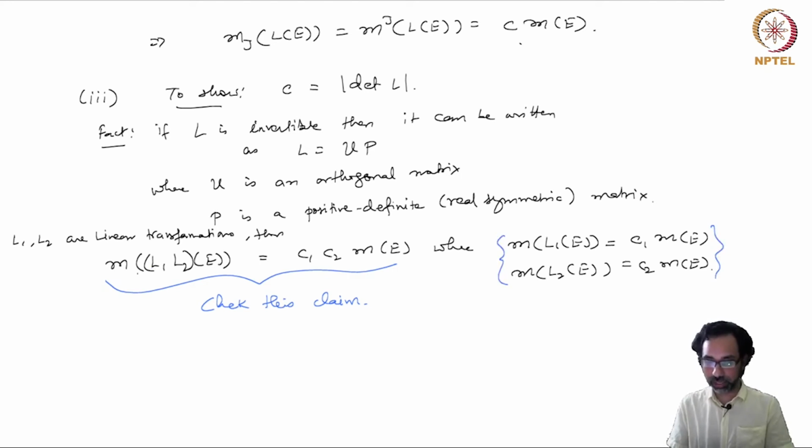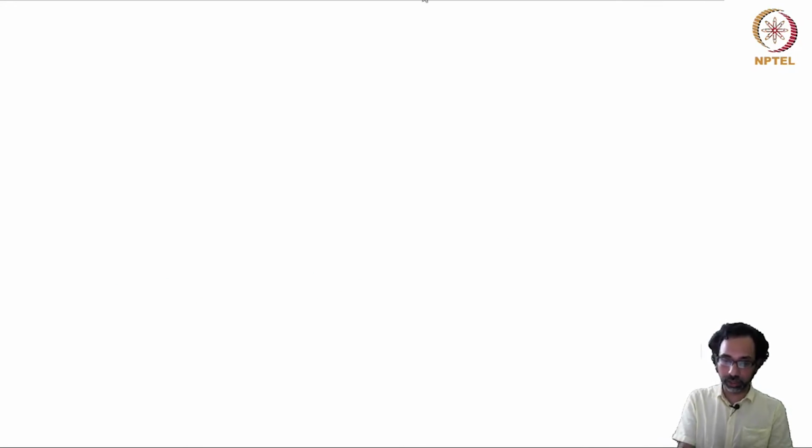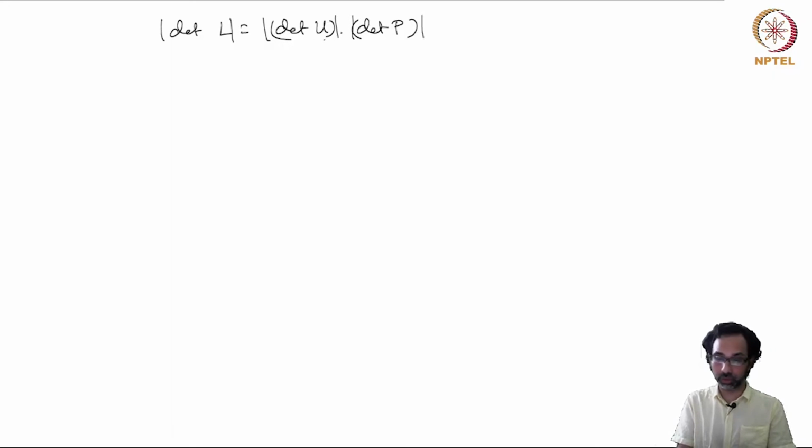So if L is equal to U multiplied by P, then we have determinant of L is determinant of U multiplied by determinant of P, and the modulus is the multiplication of the modulus, but the modulus of the determinant of an orthogonal matrix is equal to 1, and so we are only left with this part, determinant of P, where P is a positive definite real symmetric matrix.